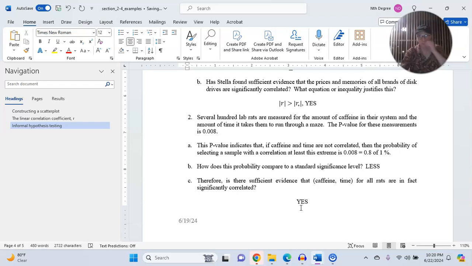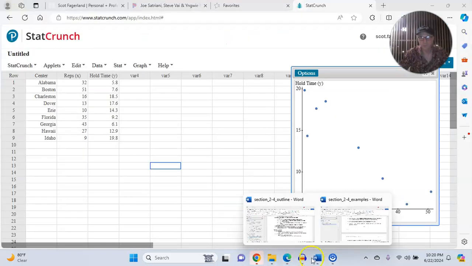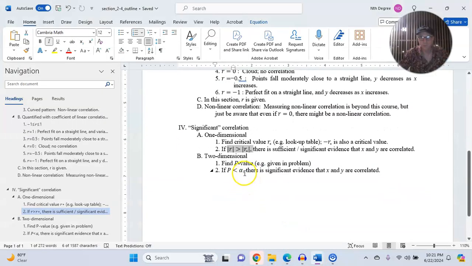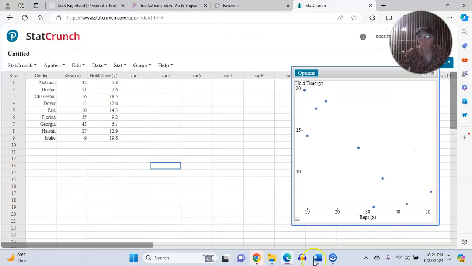So again, here the answer is yes. And this time it's because our p-value is small enough. The relevant inequality here is if p is less than alpha, we have significant or sufficient evidence of a correlation.